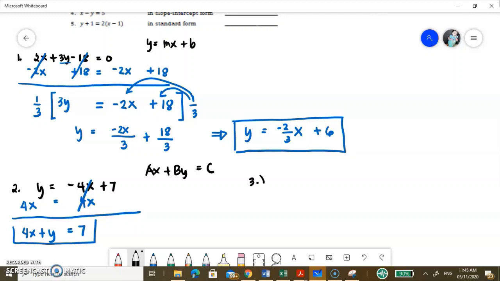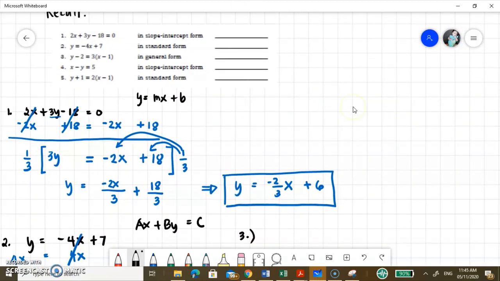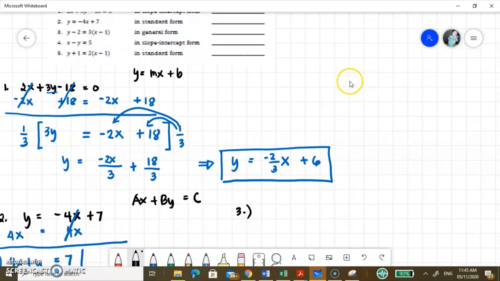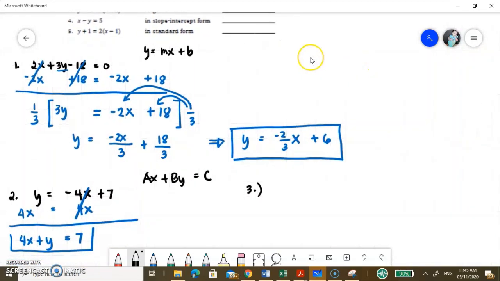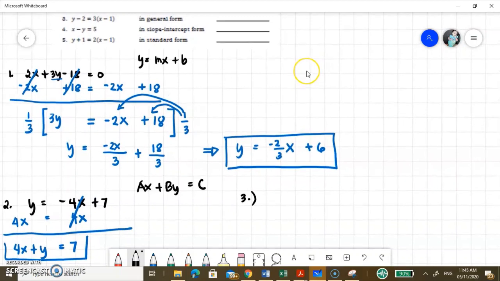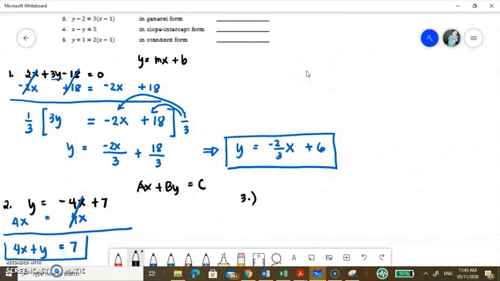The third one here, sa example natin, ay y minus 2 equals 3 times the quantity x minus 1. Okay, kopyahin muna natin. So, that's y minus 2 equals 3, the quantity x minus 1.